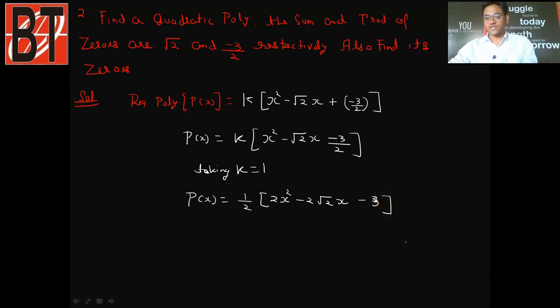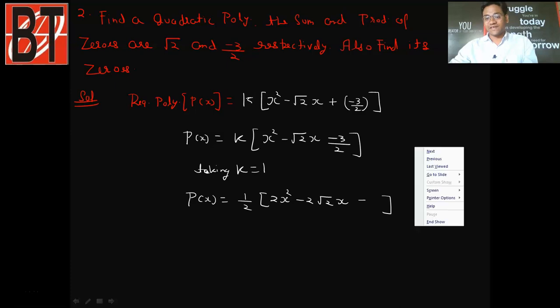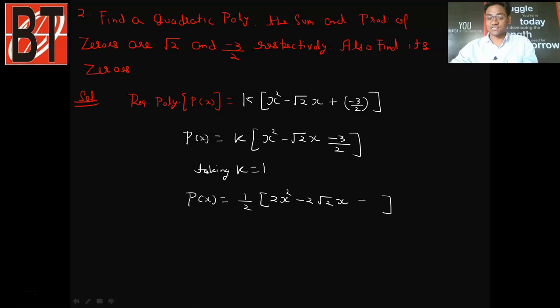Now students, up to here we already solved. Now just tell me, for getting the zeros, what do we need to do? Because we want the zeros. We were given the sum of zeros and product of zeros, but we want the values of zeros.